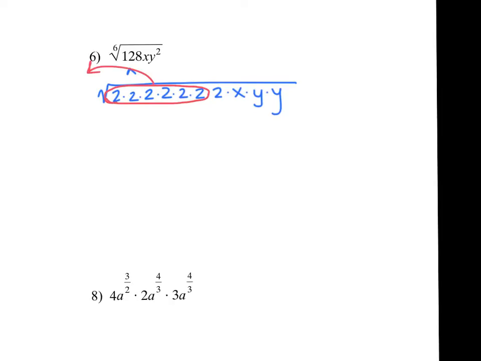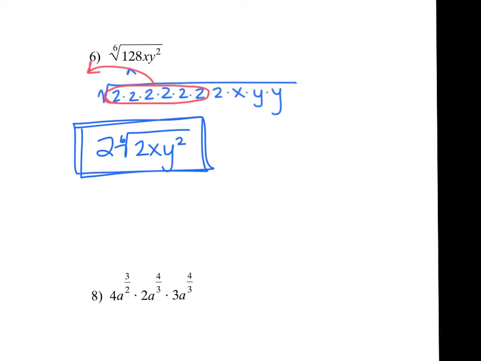There are no other groups of 6 in this area, so I can't bring anything else out. So I've got a 2 on the outside. And then, since none of the stuff on the inside can go back together, this is going to be the 6th root of 2xy squared. There's my final answer there.